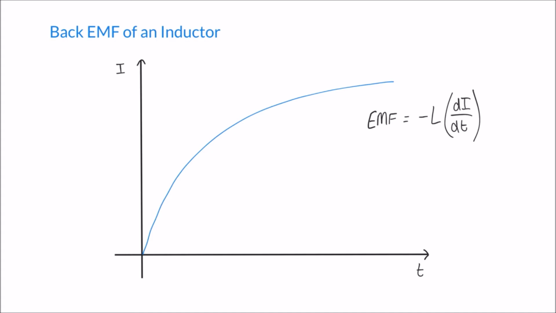The rate of change of current is always changing, and what I mean by that is, at the start we have a very steep incline to our growth curve. Later on, this isn't quite so steep, and by the end, we're pretty much level. There's no change in current over time.